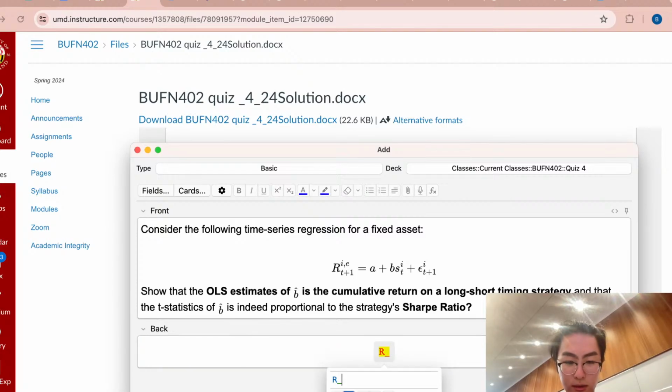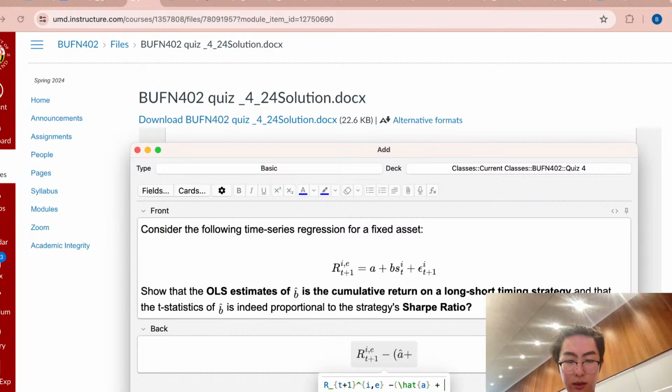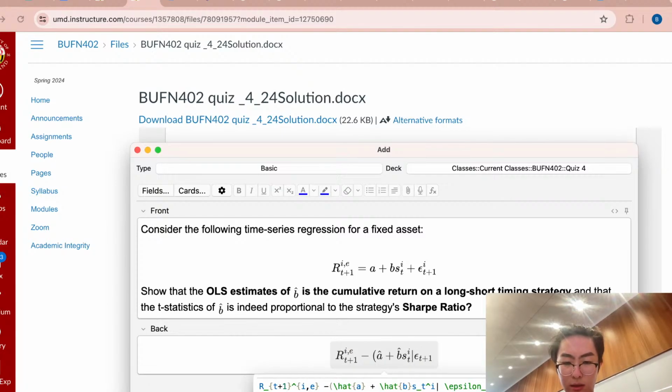So we have r t plus 1, the asset's return, minus a hat plus b hat times s t i, plus epsilon t plus 1. Okay, so this is our estimate here.